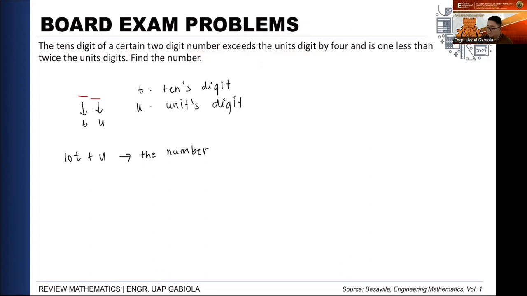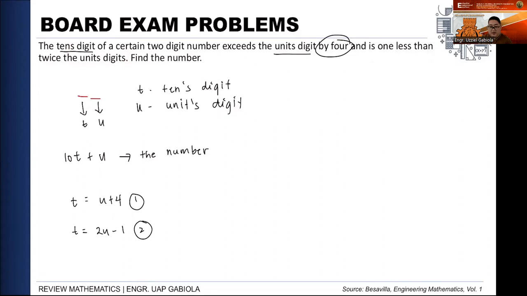Doon sa first statement natin, yung tens digit natin, na-exceed daw niya yung units digit natin by 4. So u plus 4 ibig sabihin. Ito yung first condition natin. Next, si tens digit din daw is 1 less than twice the units digit. Ito yung second condition natin.